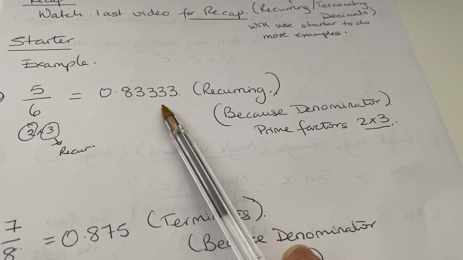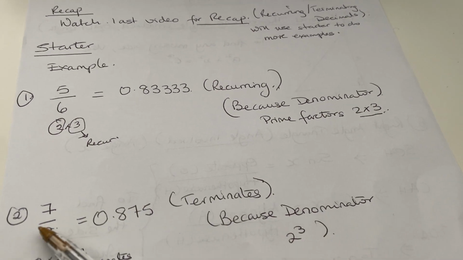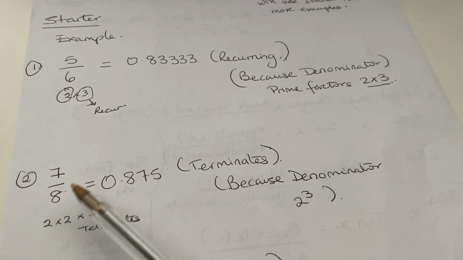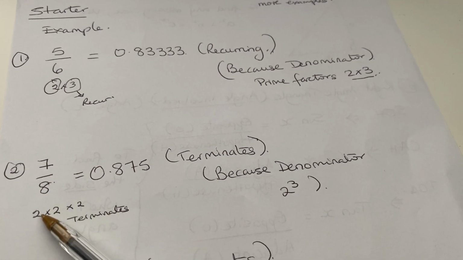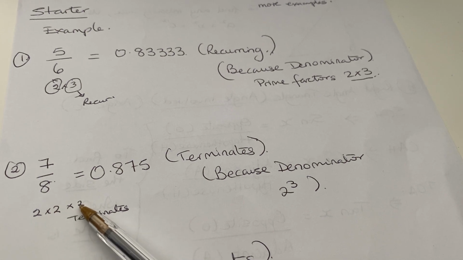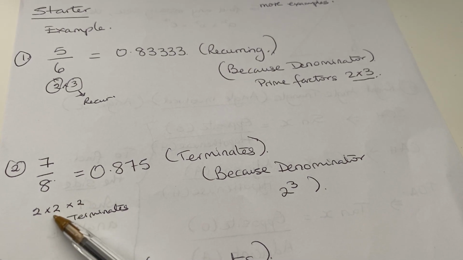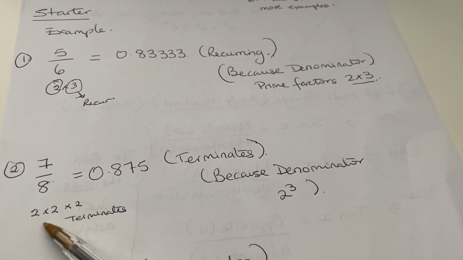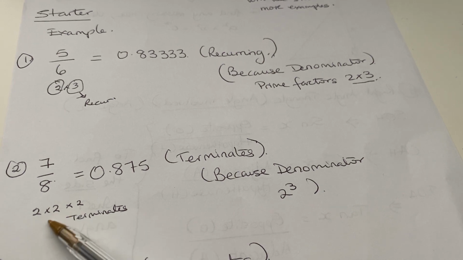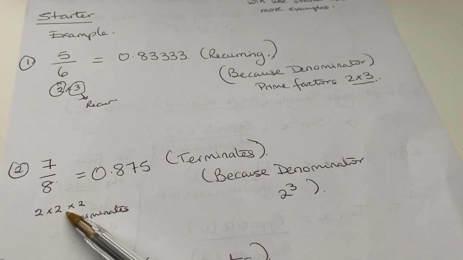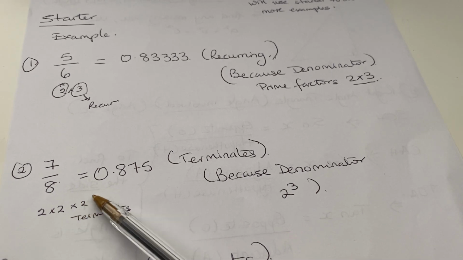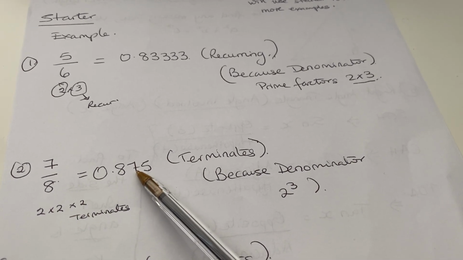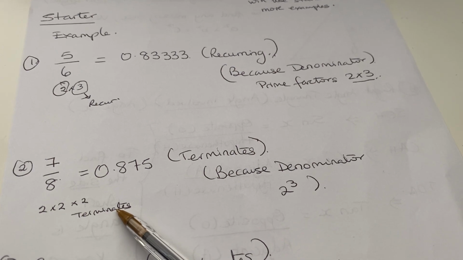That is the decimal form. Now 7/8. If you look at the denominator, it's 2 times 2 times 2. All of it is 2. If the prime factors are only 2, or only 5, or only 2 and 5, it will terminate.